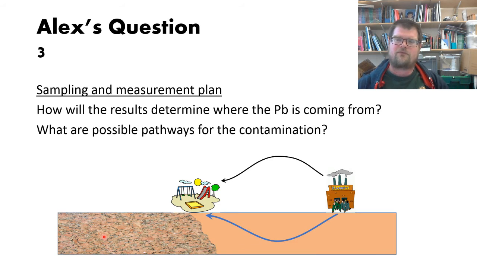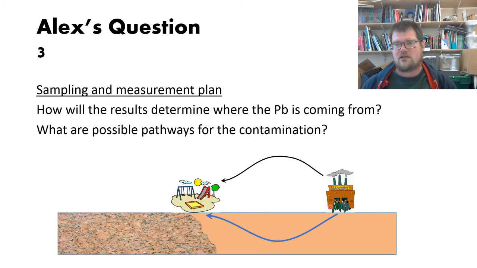Before we come up with a sampling strategy, we need to come up with some kind of hypothesis to test. We also need to make sure that the measurements we propose will be able to answer the question: where has the lead in the playground come from? So we might want to think about the possible pathways for the contamination. We could have lead coming in in aerosol form, so dust from the factory coming down into the playground from the atmosphere.